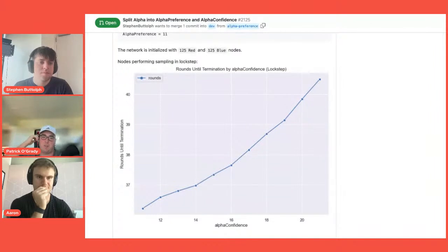Because if you only require your samples to have half of a preference, then in repeated samples the coloring of the network is much less decided. And so if you decide too soon, where people may still revert, then you can tolerate a much smaller adversary.